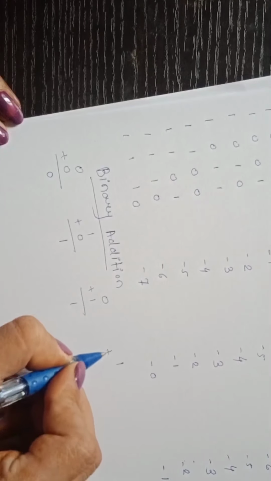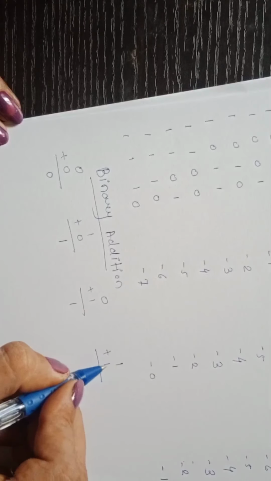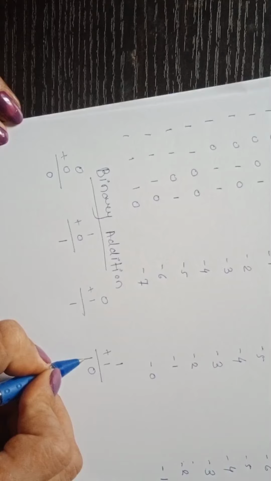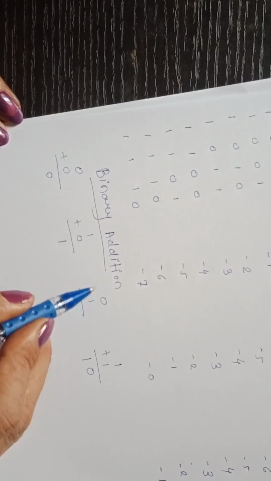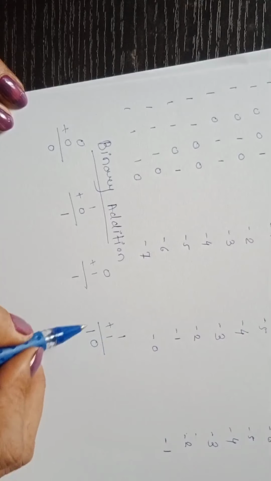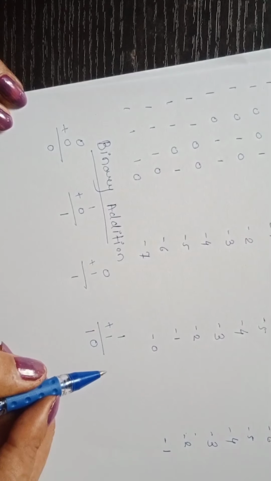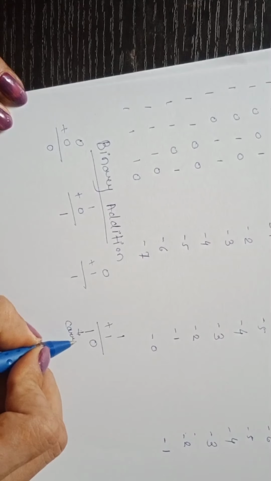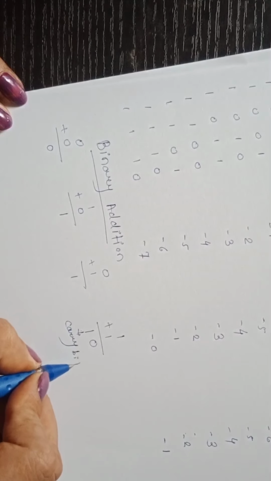But what happens when we add 1 plus 1? 1 plus 1 is 0 and carry 1. Now we know this is simple binary addition, but sometimes we don't remember what 1 plus 1 is. So this 1 is a carry bit.